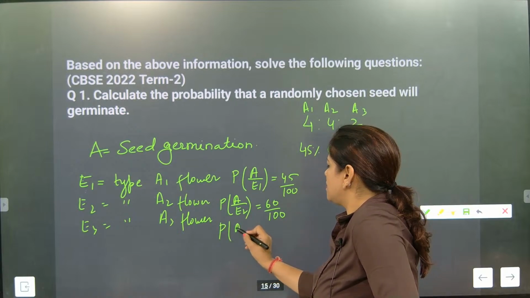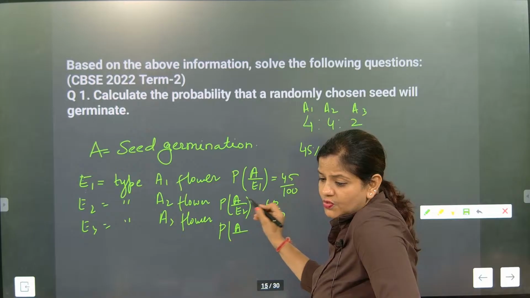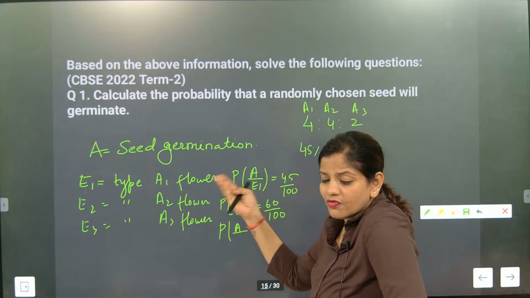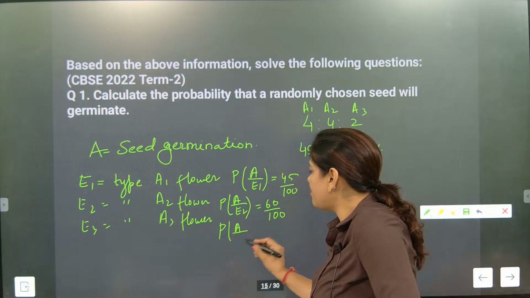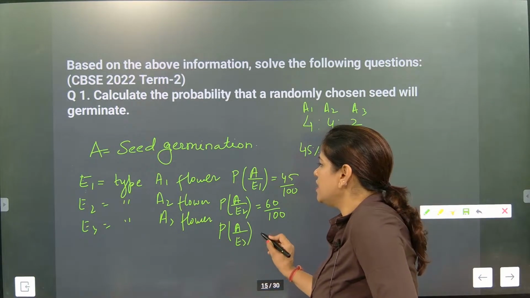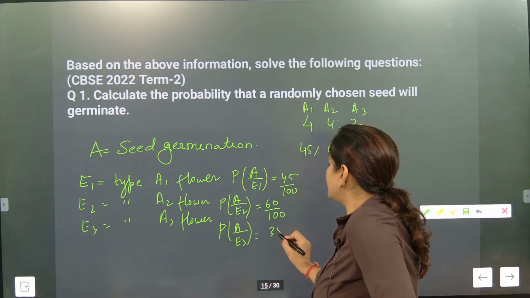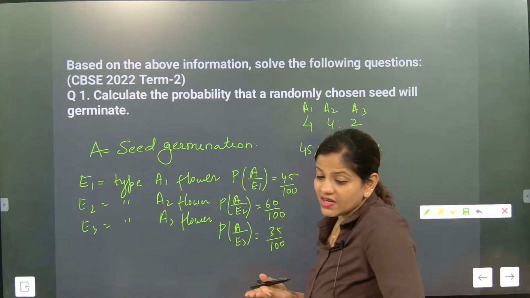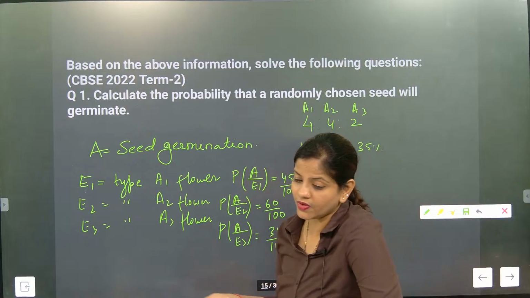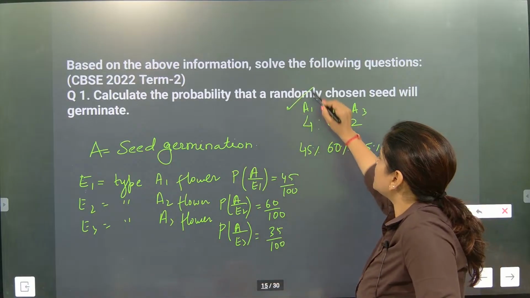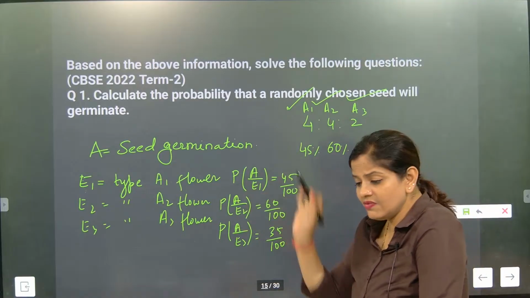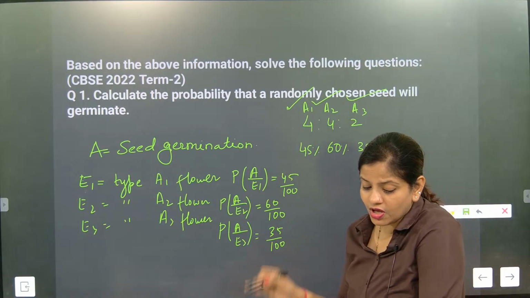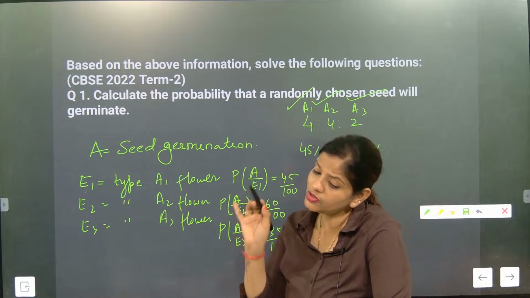For E3, this part will become 35 by 100. Germination can be done for any type of seed, and any one can germinate. We don't know which. But, beta, we are only going to talk about germination.